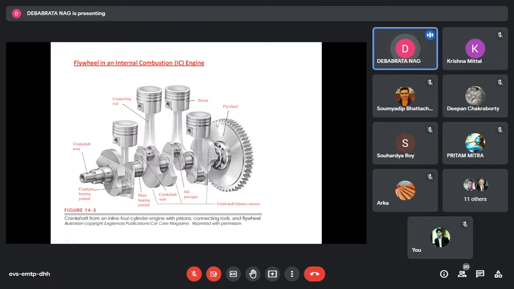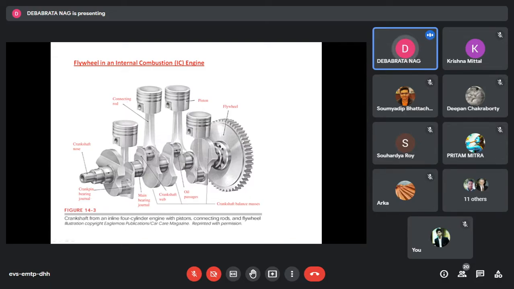And in this case, this is the major thing. This is the flywheel, and on the outer surface of the flywheel you see there are gear teeth being cut. This is done for some other purpose, for starting the engine and so on. We'll discuss it in detail in our dynamics of machines class, and you will also know them in detail in your IC engine classes.